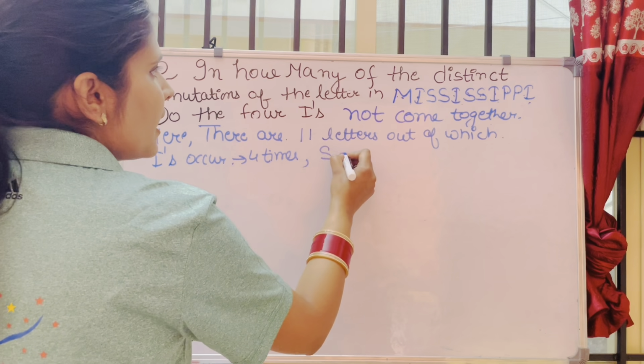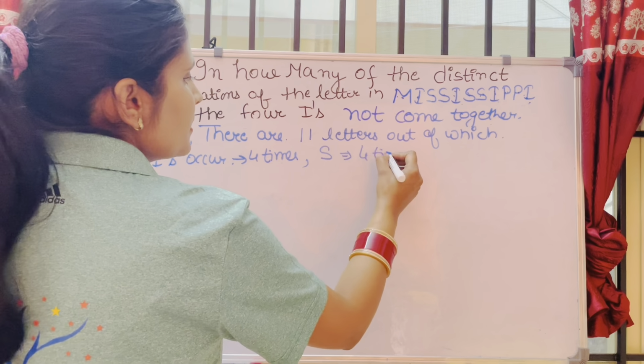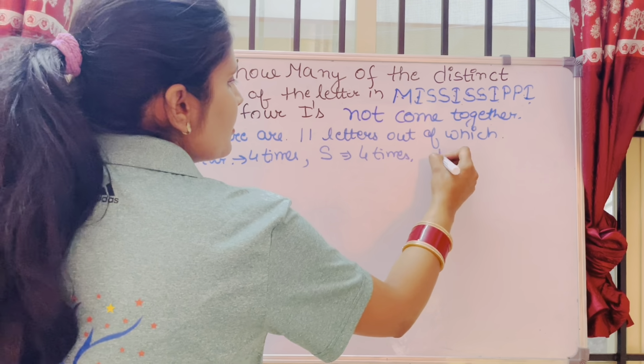Similarly, S occurs 4 times and P occurs 2 times, and the rest of the letters are all different.